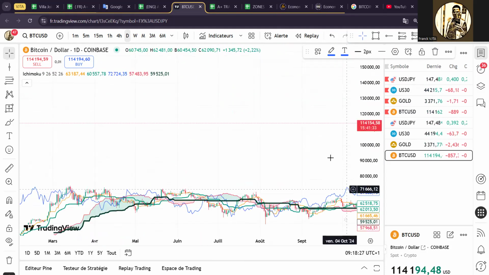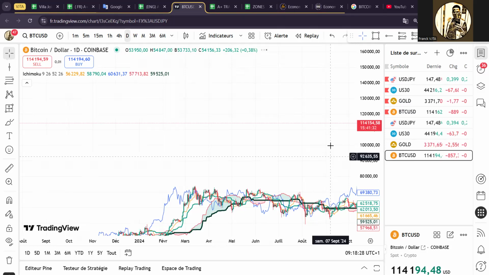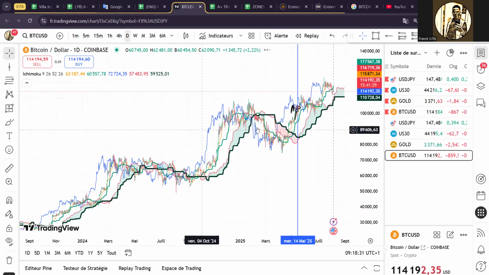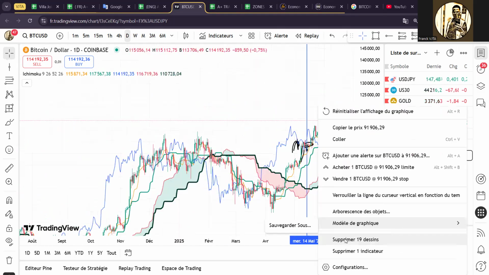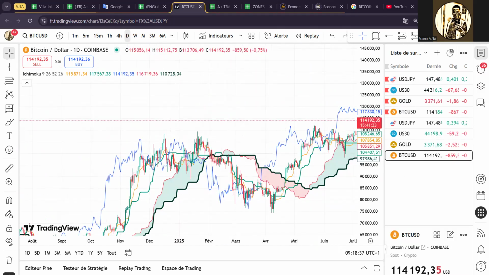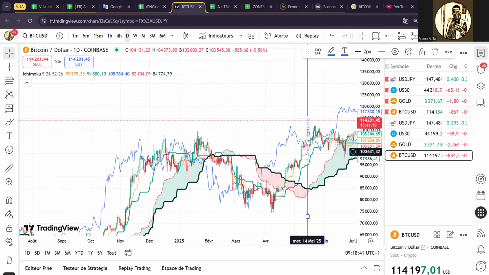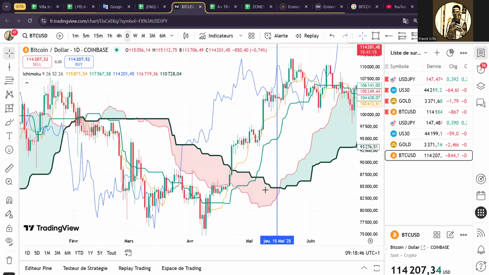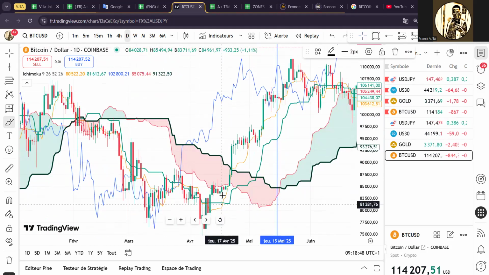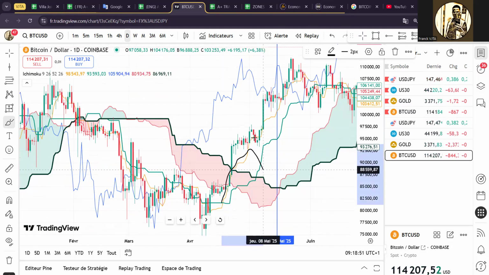That's the reasoning. The logical reasoning about this A plus setup is that when you are here, this was the correction at this point. When you are at this level, what do you realize? In daily, Tenkan inclinations are still to the upside. There is no inclination down like this. All of these Tenkan are inclined to the upside.